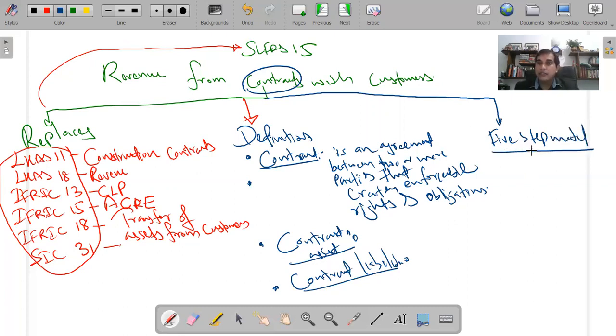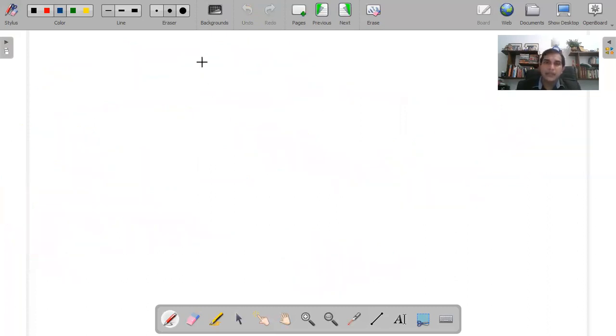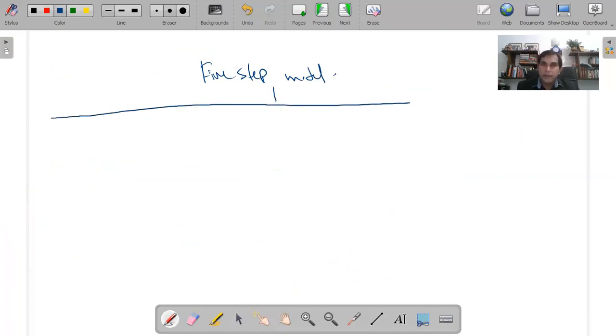Right? Now I would like to emphasize the steps in this revenue recognition model. Let me write that five-step model. The first step is: identify the contract.